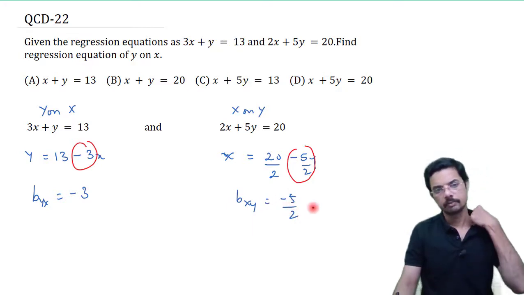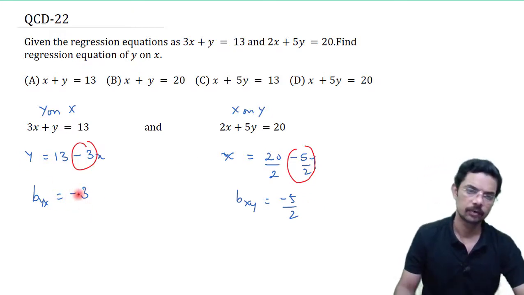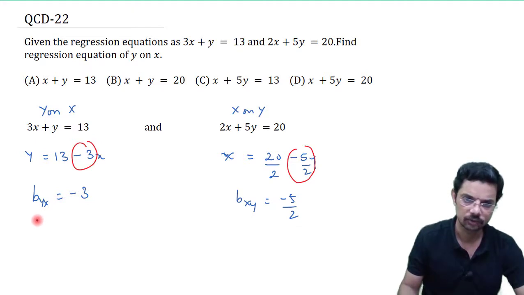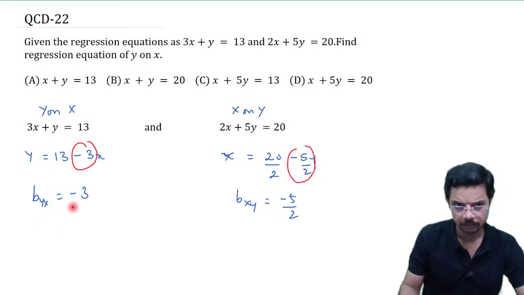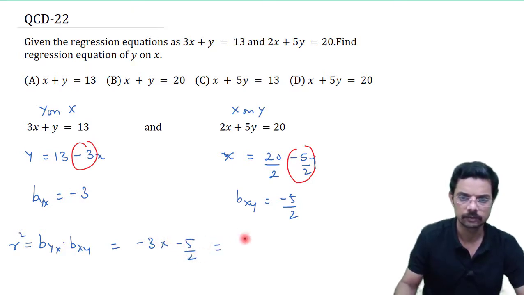Let me see if there is any issue or not. Let us multiply these two. byx into bxy should be equal to r square, and that is equal to minus 3 into minus 5 by 2, which is 15 by 2, clearly greater than 1.